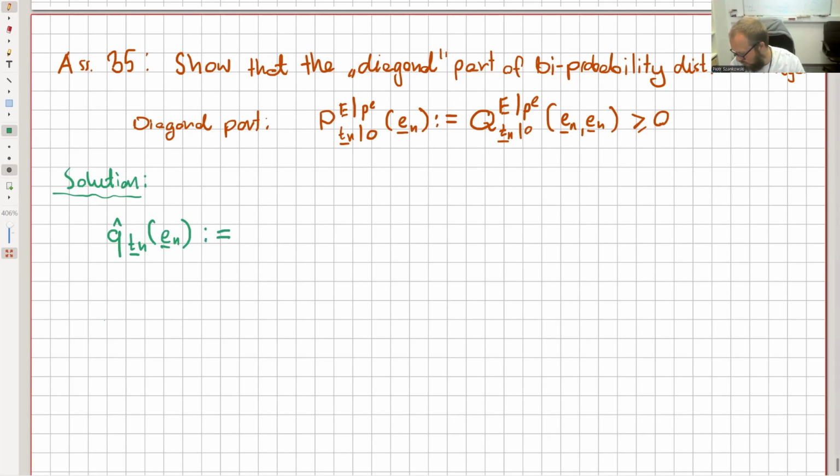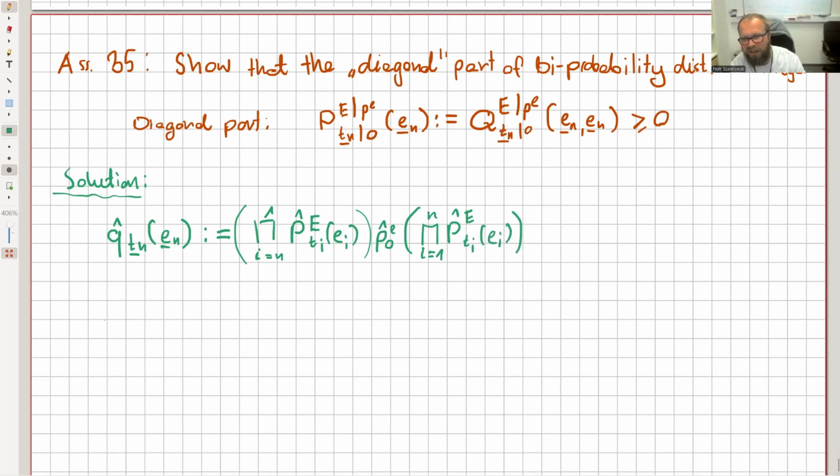Let me define it as the product from i equals n to 1 of P_E t_i E_i, so you have the product here, the density matrix, and then the product going the other way, backwards in time.